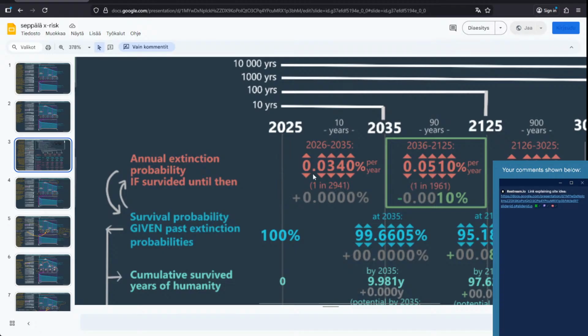Especially when we go to very small probabilities, here I'm talking about percentages, and we go way below 1%. In any meaningful use case, all of these probabilities are under 1%.